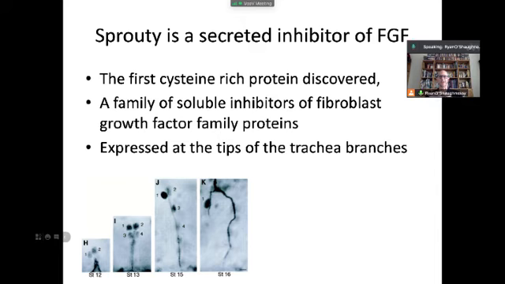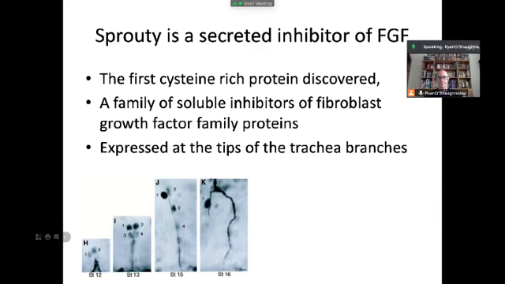This is the first cysteine-rich protein ever discovered, which is a large family of soluble inhibitors of fibroblast growth factor family proteins. And actually these cysteine-rich proteins, and proteins that contain things called cysteine knots, genes such as Cerberus, are also a member of this family.